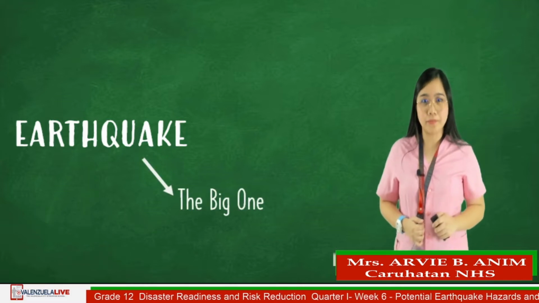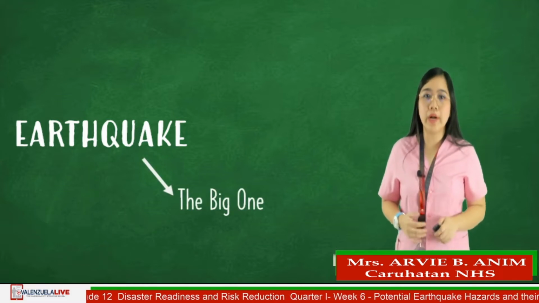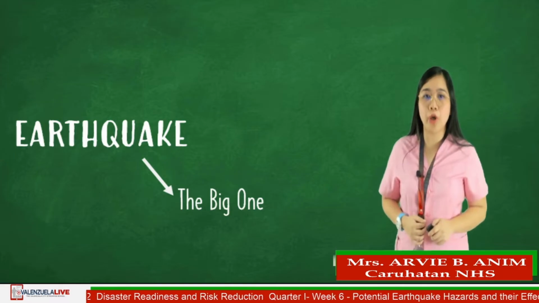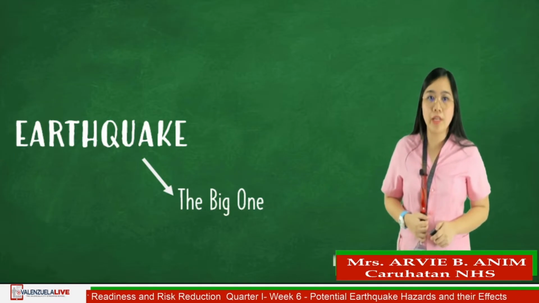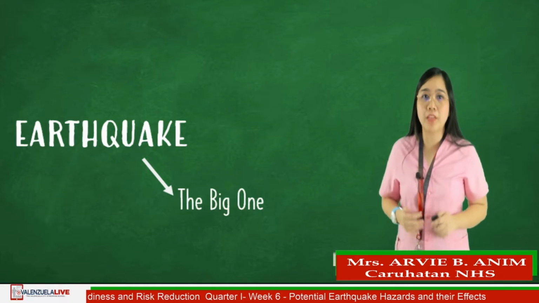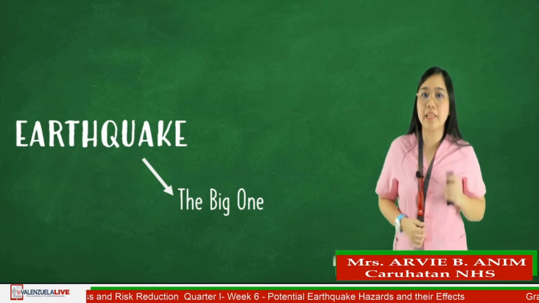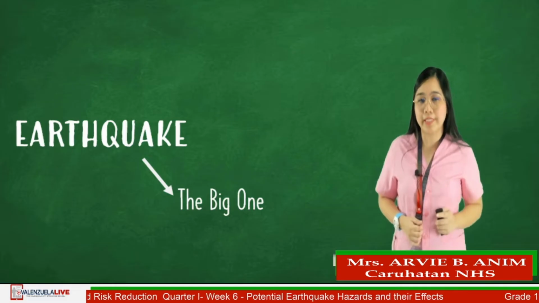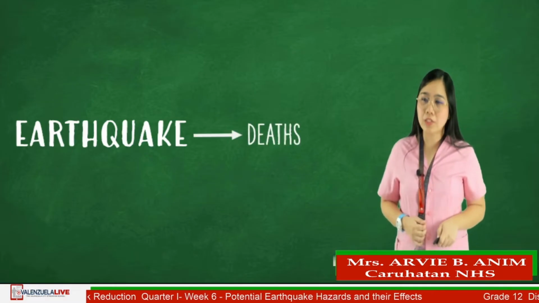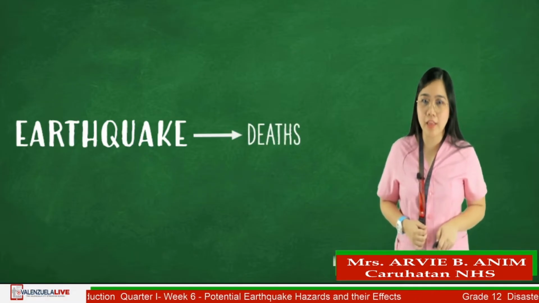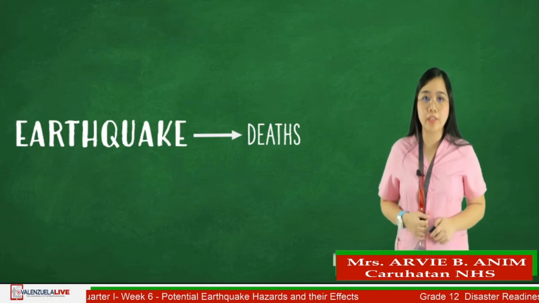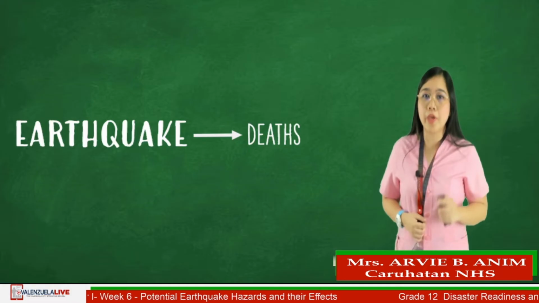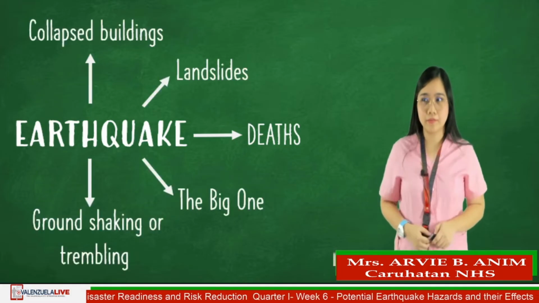The Big One, by the way, is the worst case scenario of a 7.2 magnitude earthquake from the West Valley Fault, a 100-kilometer fault that runs through 6 cities in Metro Manila and nearby provinces. And the last one is death and injuries among people. These are some of the scenarios that come to our mind once we hear the word earthquake.